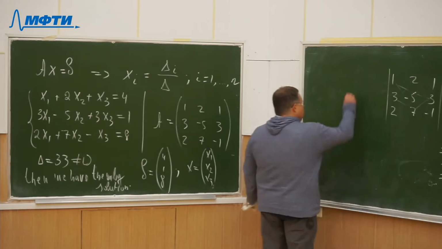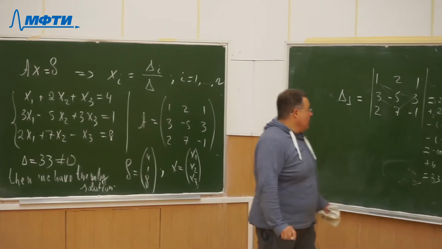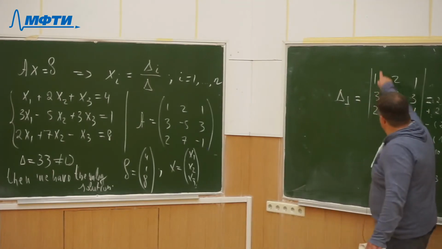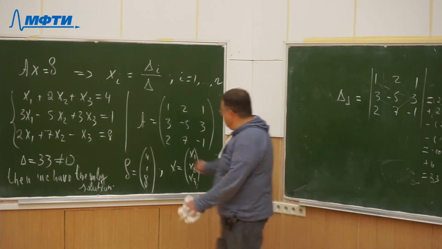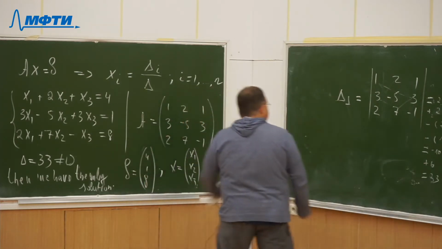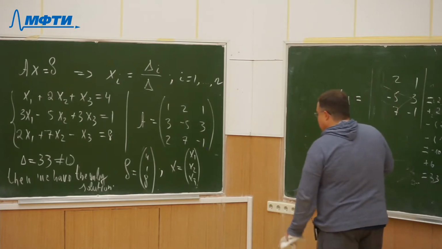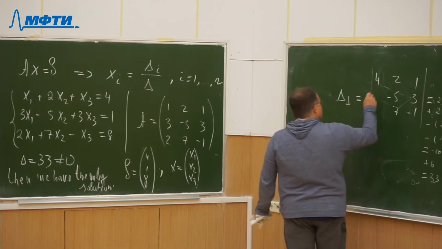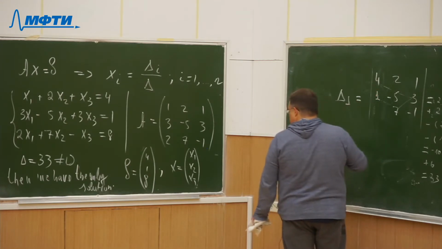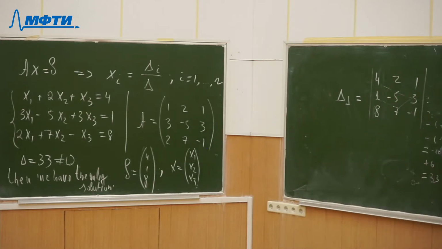By definition, delta sub 1 equals, we change the first column of the matrix of the system to the column of the arbitrary terms, namely, I write here 4, 1, 8. Let's calculate this determinant.